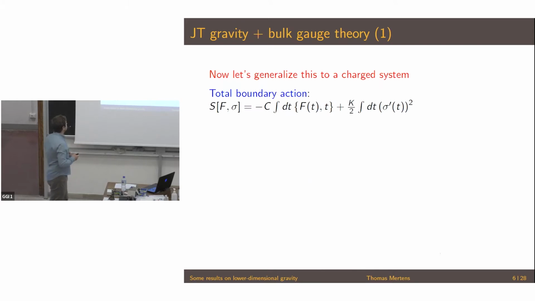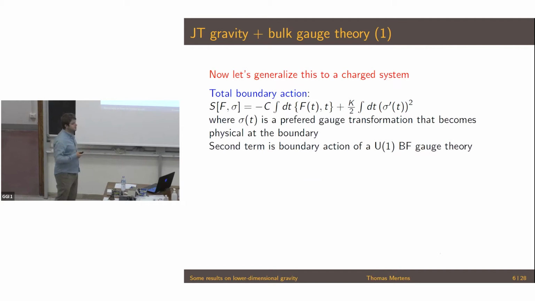Okay, so now let's come to the new part and let's try to generalize this to a charged system. So instead of just starting with the Schwarzschild model as our boundary description, now we add the second piece here as well, for a new field, sigma of t, next to the reparametrization f of t.